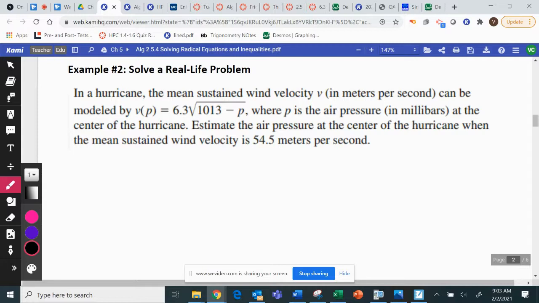Estimate the air pressure at the center of the hurricane when the mean sustained wind velocity is 54.5 meters per second. So we are estimating the air pressure, and P is what we're solving for. So we're going to put in 54.5 into the V of P spot.